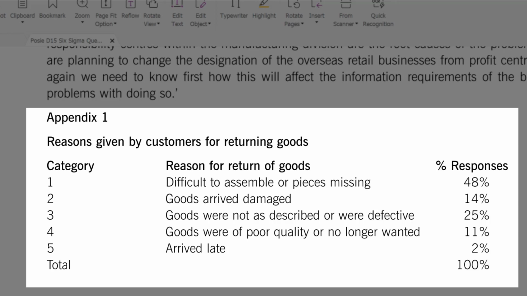We have outsourced logistics. We work in our home country, D-land. We also work in 8 other countries. Pause the video, review this appendix, decide if there is enough information here to find the root cause of the complaints and the returns.